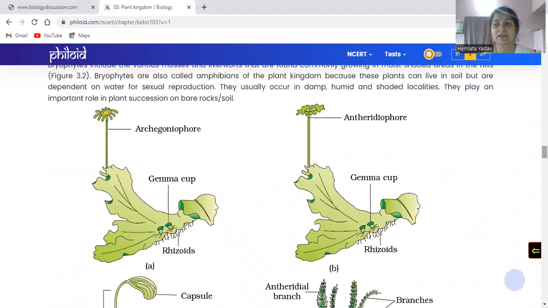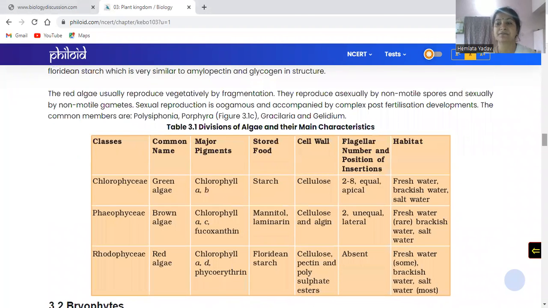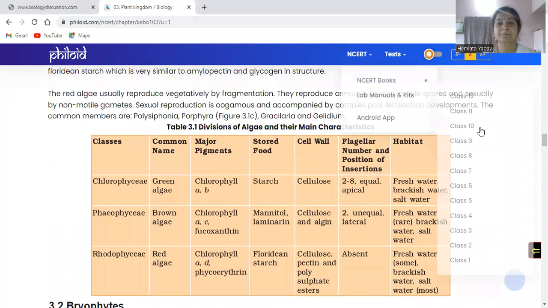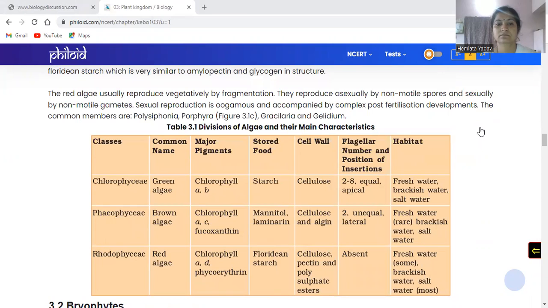So this is the comparative table which I was talking about. This table shows you all the comparative features of all the three classes: Chlorophyceae, Phaeophyceae, Rhodophyceae. Chlorophyceae is green algae. The major pigments are chlorophyll a and b. The stored food is starch.